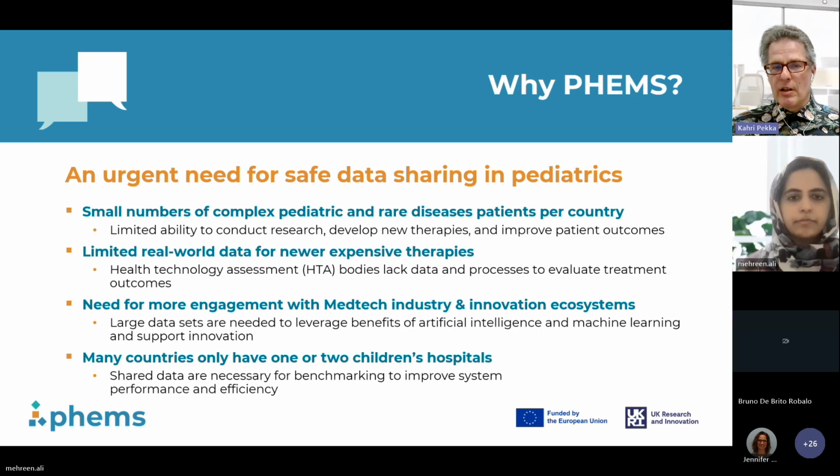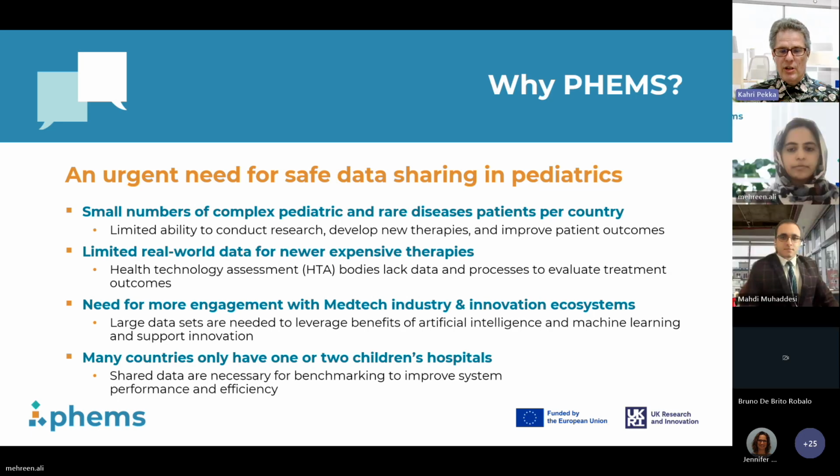Especially in the tertiary care of children, many countries only have 1 or 2 children's hospitals. So any type of benchmarking or quality and process development based on data comparison is impossible within nation-state borders. So we need to work with approaches to enable these activities cross-border.